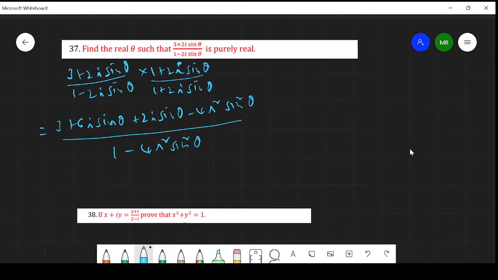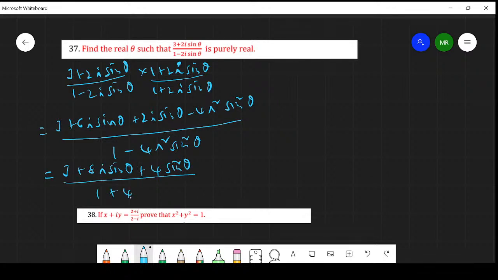So this will become 3 plus, you can observe here, 6i plus 2i, 8i sin theta. Here i square is minus 1. This will become 3 plus 8i sin theta, minus i square is minus 1, plus 4 sin square theta by 1 plus 4 sin square theta, because we know that i square is minus 1.